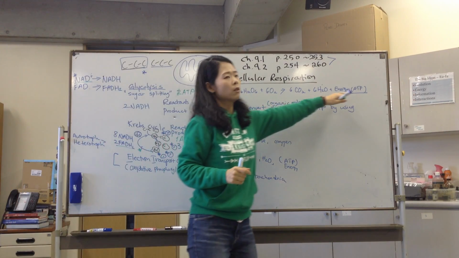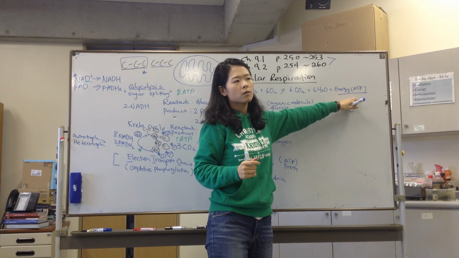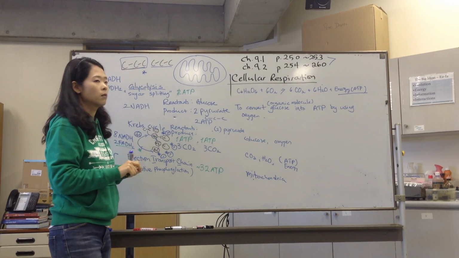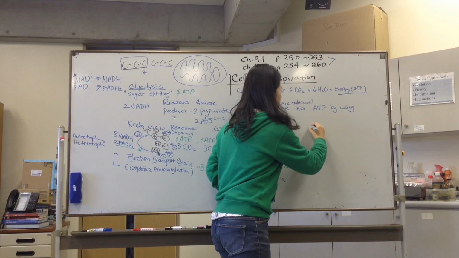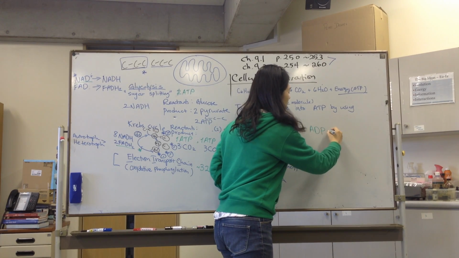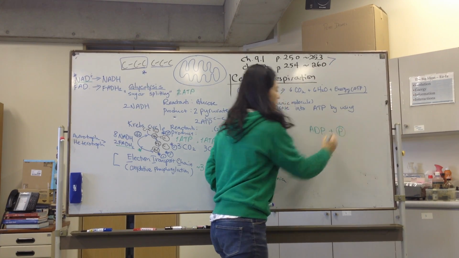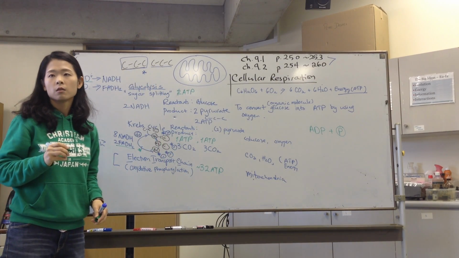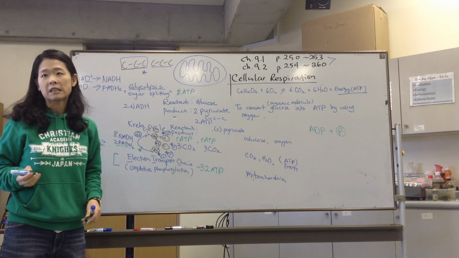How is ATP made or recycled? Joseph? Adenosine diphosphate plus phosphate group. Good. ADP plus the phosphate. That's how you recharge ADP into ATP.